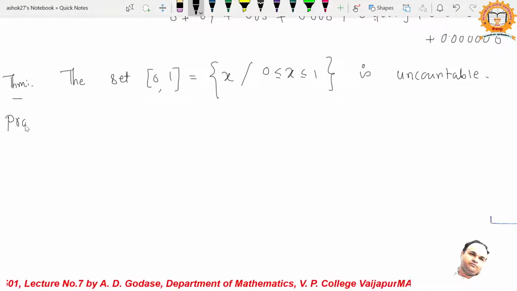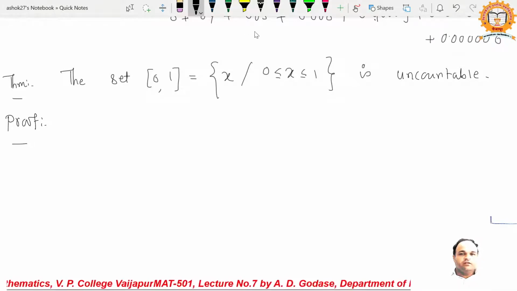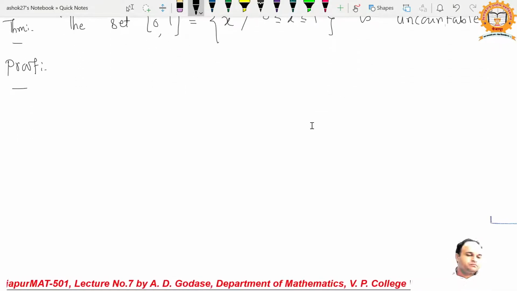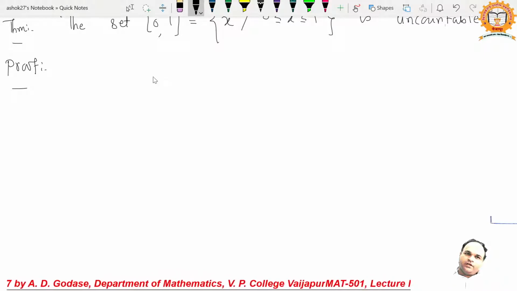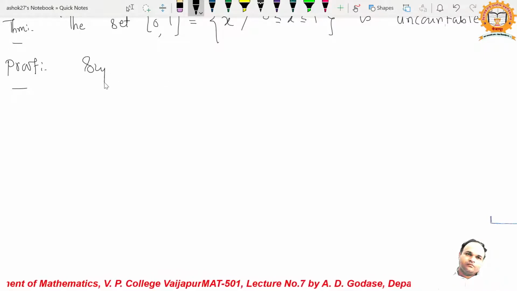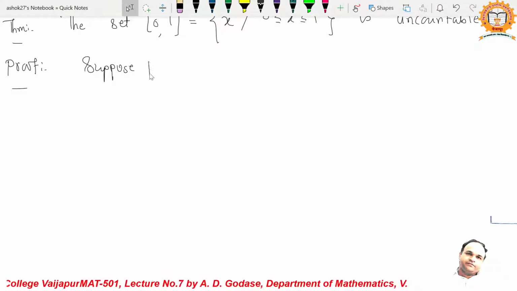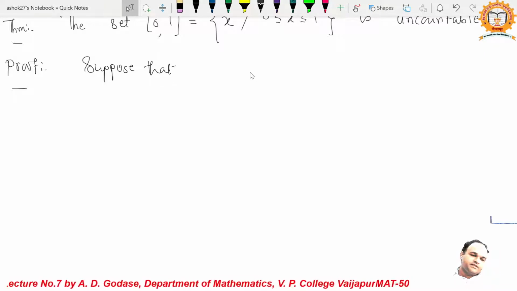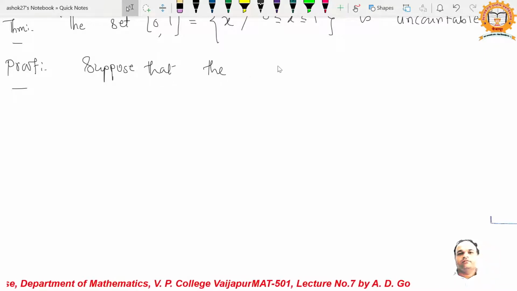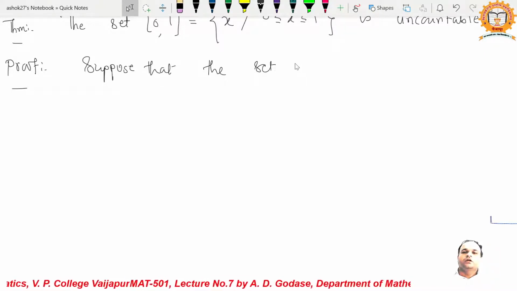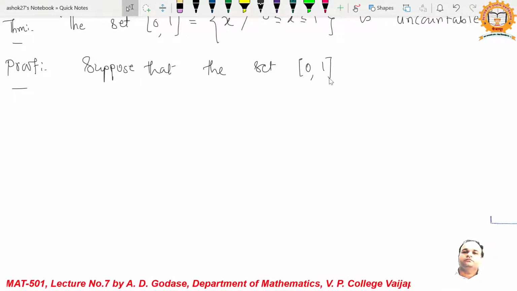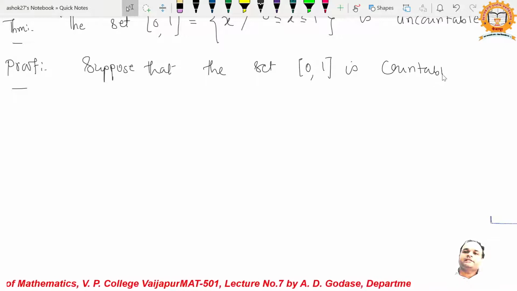So, the proof of this theorem. Again we will prove this theorem by contradiction. On the contrary, suppose that the closed interval [0, 1] is countable.